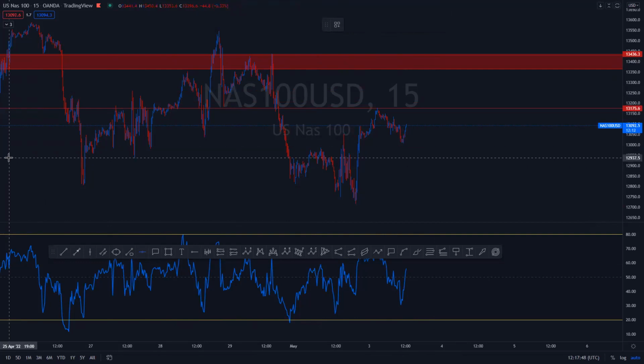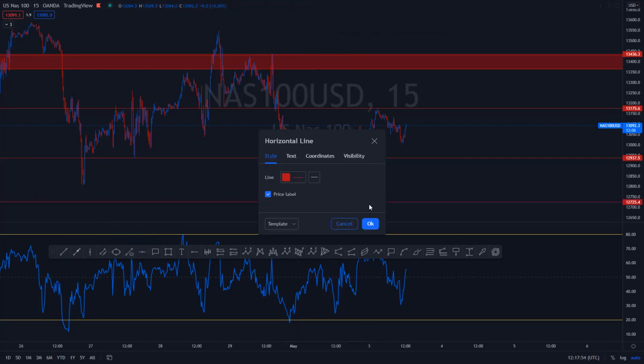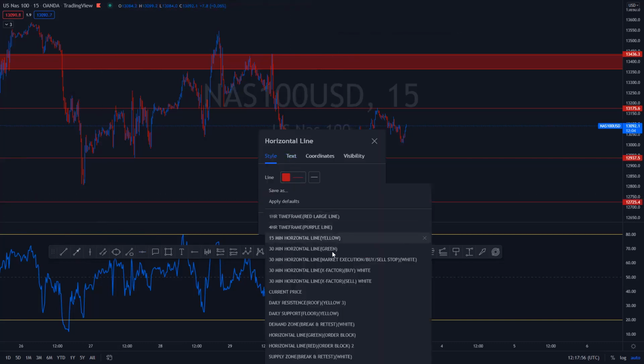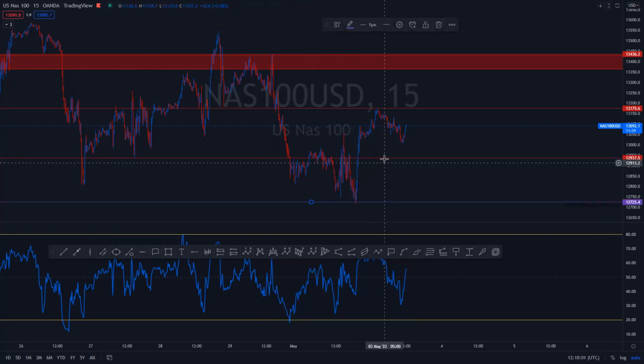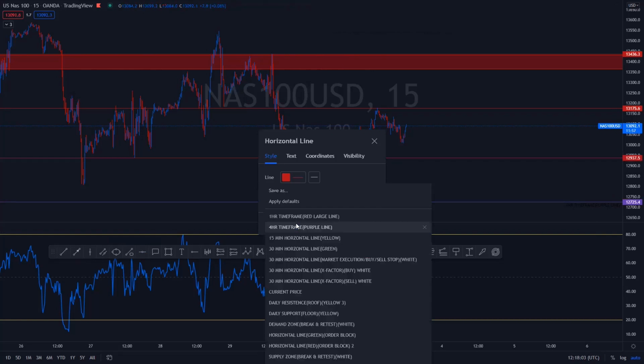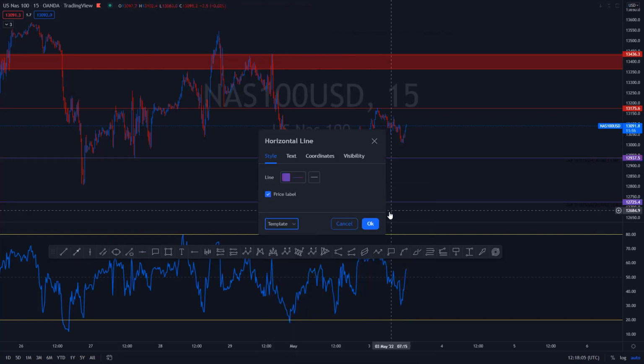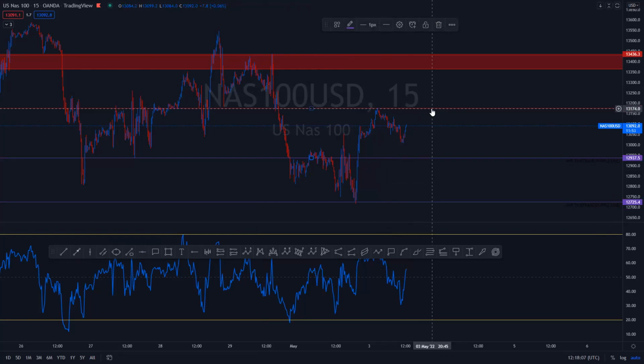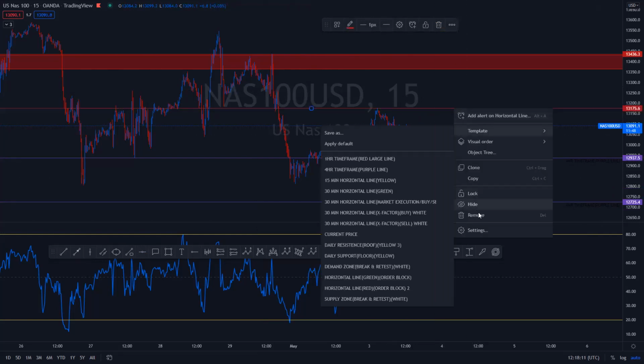Put another one down here. Now I'm going to change this to 4 hour, which is purple. Put some zones there. I might actually take this out here.